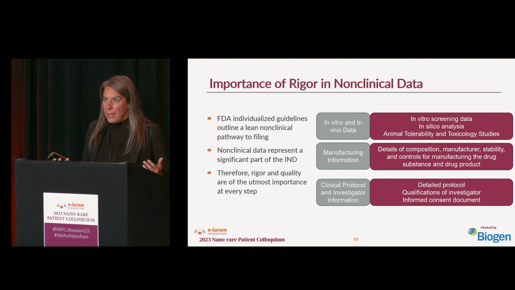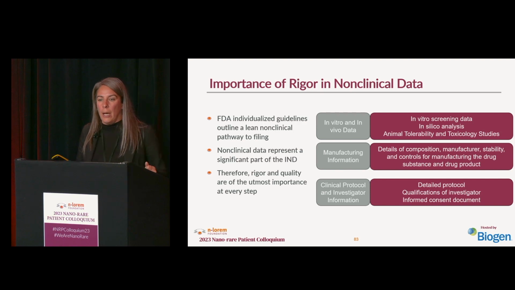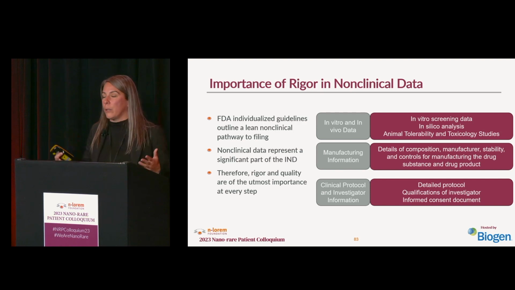So the FDA guidelines have outlined a fairly lean, non-clinical pathway, fairly straightforward, which makes the timeline a lot more interesting for nano-rare patients. And that's why the rigor and quality are of the utmost importance at every step.